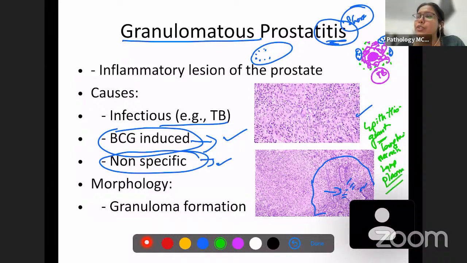So these are what you will see in a granuloma. You can see here whatever I had drawn. These small slender cells are the epithelioid histiocytes, and this large cell is a giant cell. So this is a representation of a granuloma.